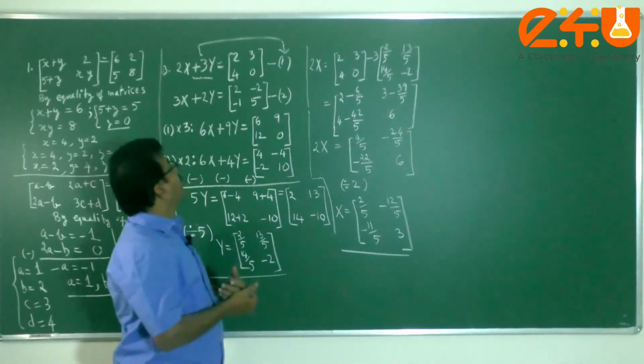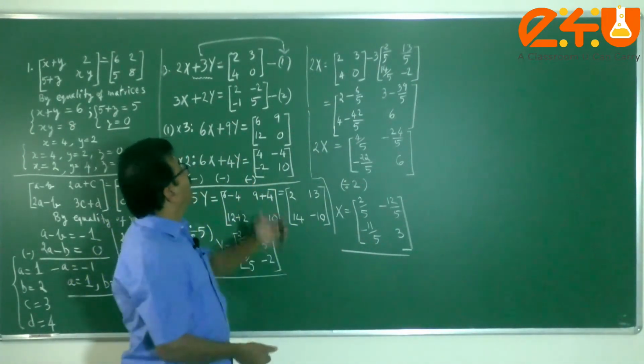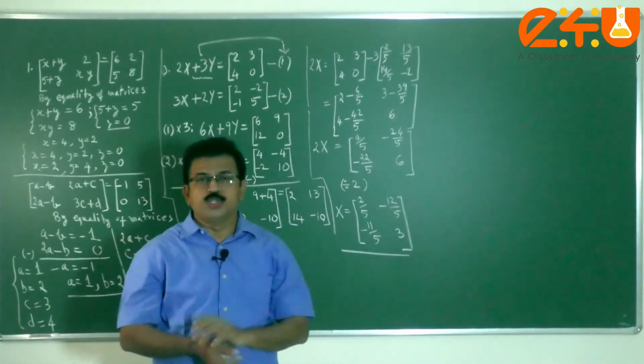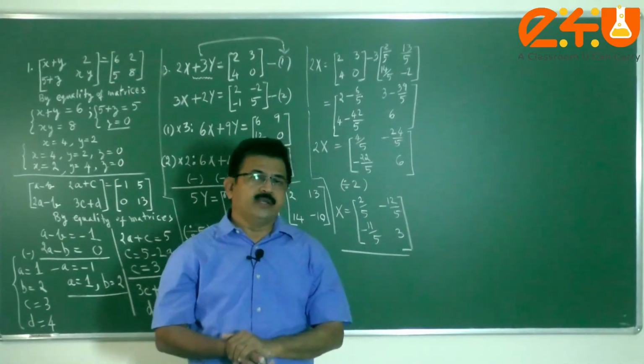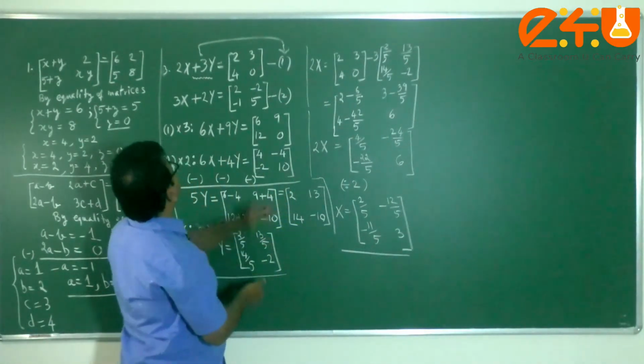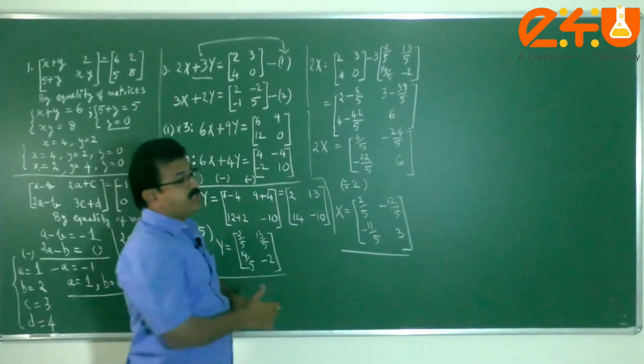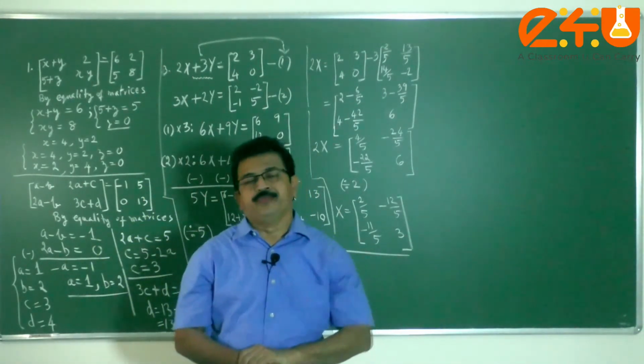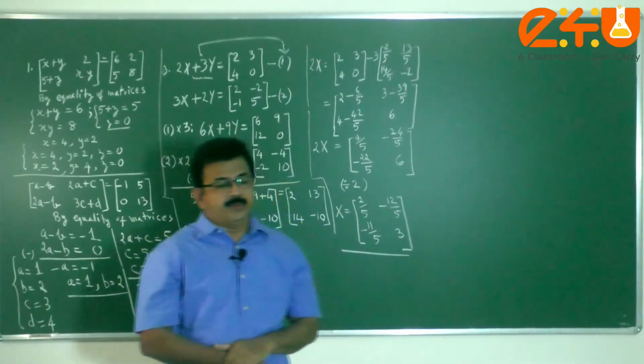So I advise the students, if not for all the 4 elements, at least make sure you are checking 2 of the elements, especially let me tell you the diagonal ones, to ensure the correctness of your solving ability. Okay, so let us continue.